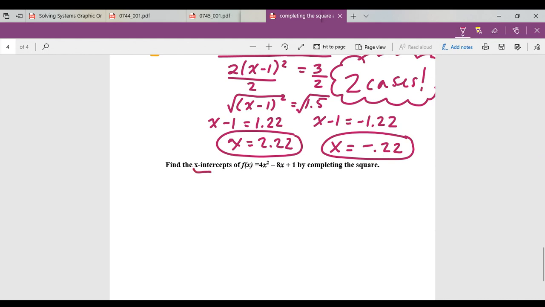Y, the opposite. Okay, find the x-intercepts, make y equal 0. In this case, y is f of x. So 0 equals 4x squared minus 8x plus 1. 0 equals 0. You're so insightful today, Angelina.